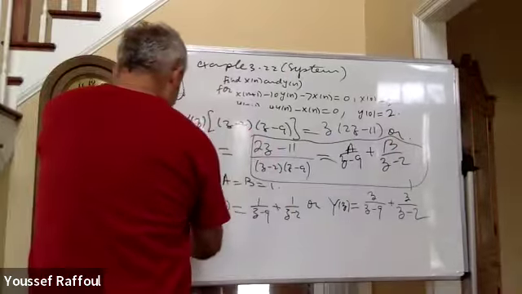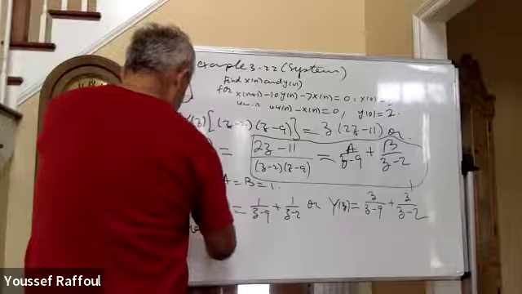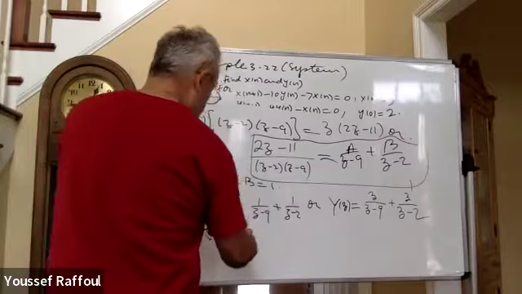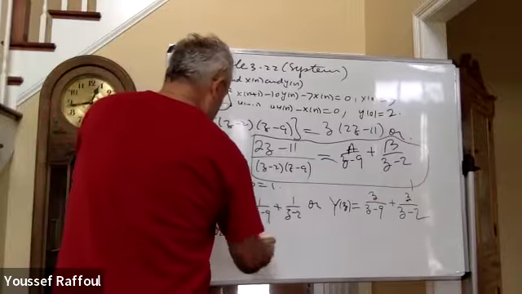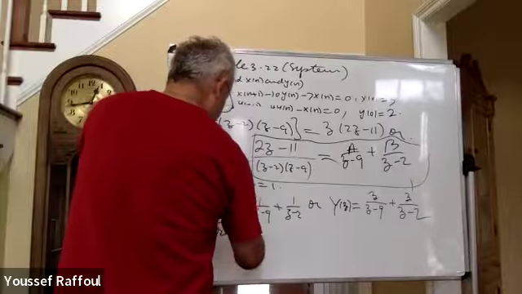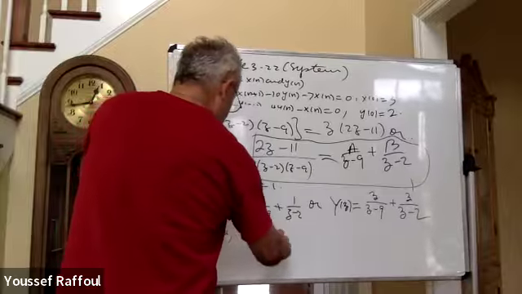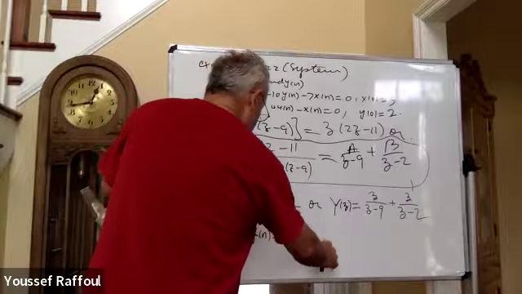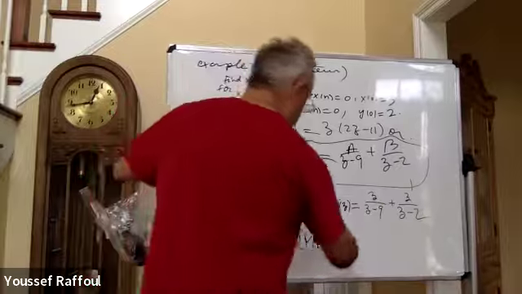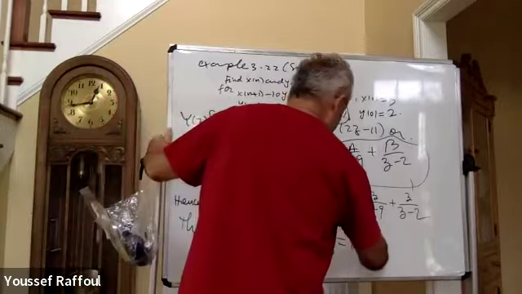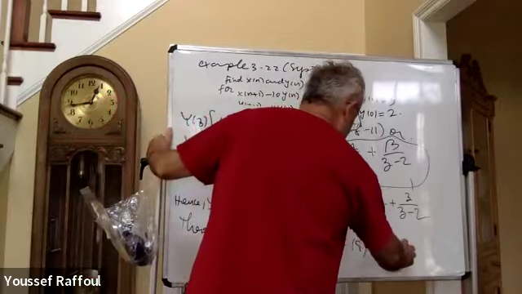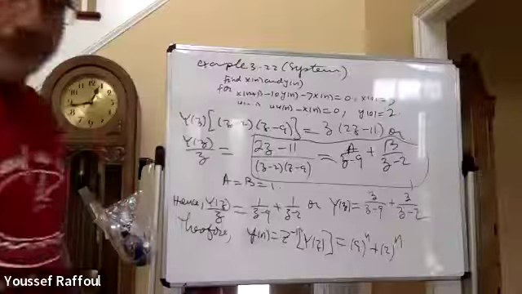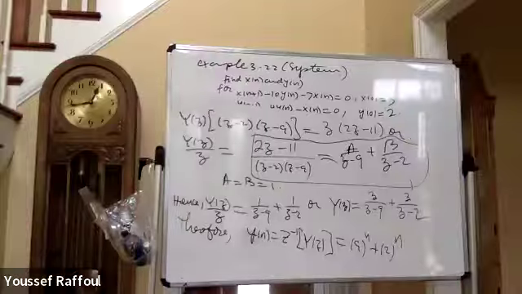And therefore, yn is the Z inverse of Yz, and that is 9 to the power n plus 2 to the power n.